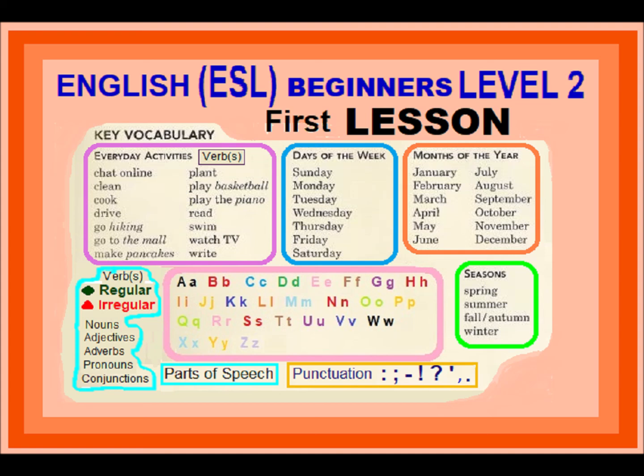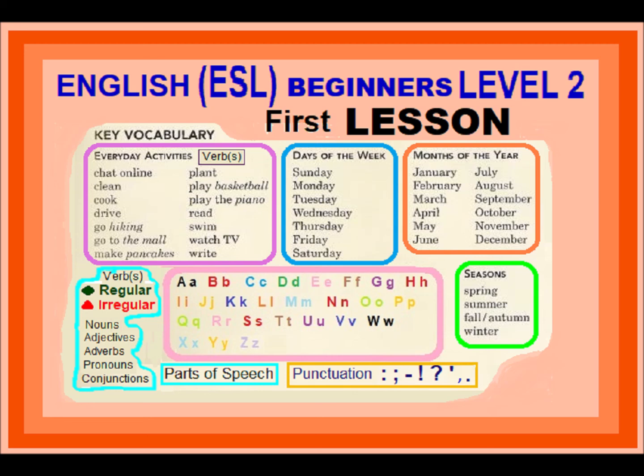Tuesday, make them repeat. Thursday, the tip of the tongue between the teeth. Months of the year: January, February, March, April, May, June, July, August, September, October, November, December.